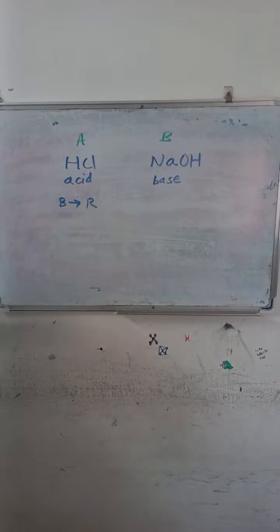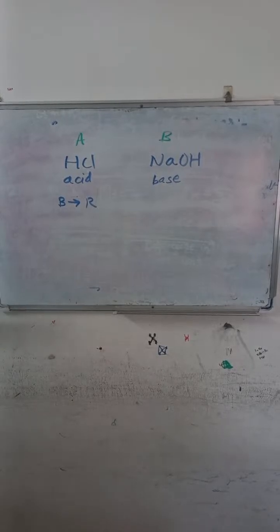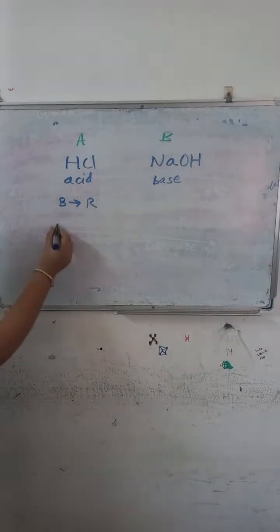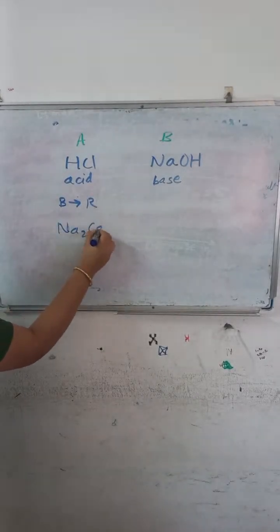So the second part they are asking: 2 ml of dilute hydrochloric acid is reacted with the sodium carbonate taken. Sodium carbonate is nothing but Na2CO3.